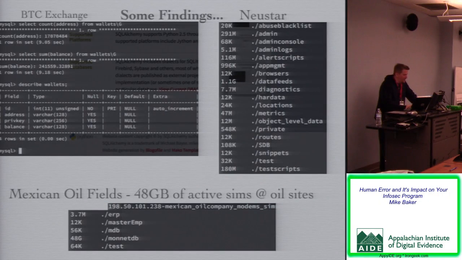Neustar, they do a lot of DNS and threat monitoring and things like that. I found a couple of instances within Neustar. One of the instances I found seemed to be one of their QA or testing instances that was tied to an EC2 server.